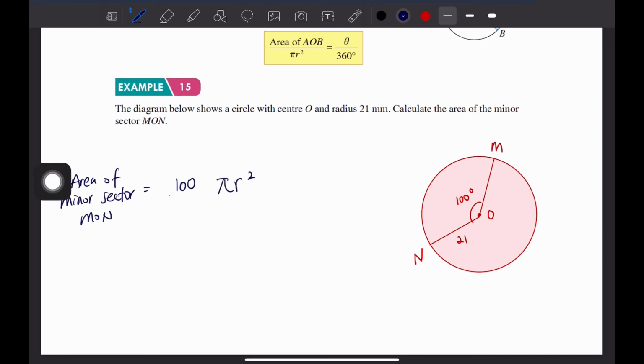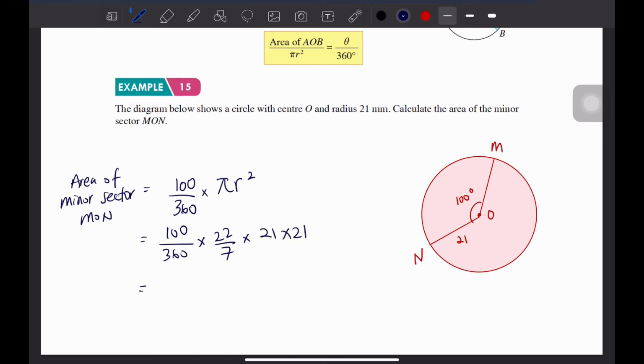100 over 360. So let's substitute the value: 100 over 360 times pi, 22 over 7, times radius 21. Press your calculator: 100 over 360 times 22 over 7 times 21 square.